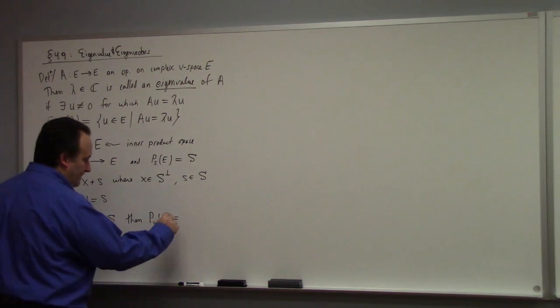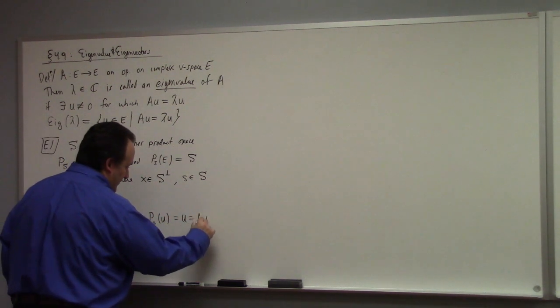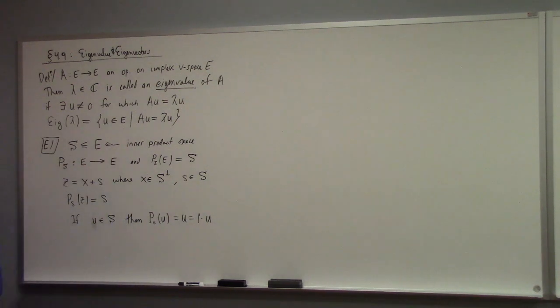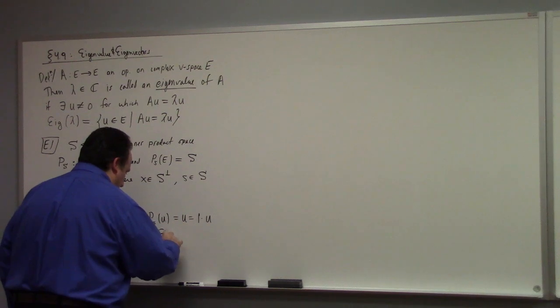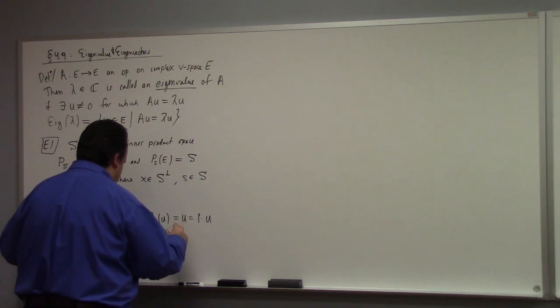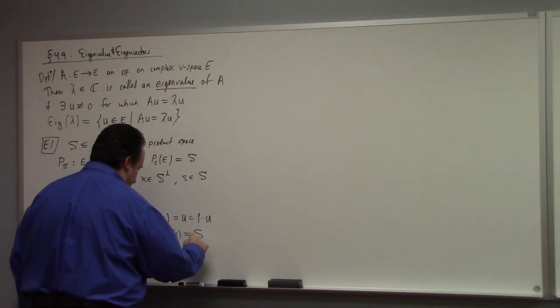Just u again, right? Which of course is 1 times u. So certainly the projection operator has eigenvalue 1, and it's got a lot of them, depending on how big S is, right? So in fact, that means Eig 1 for my projection operator would just be equal to S.